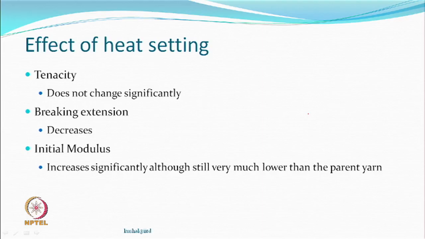Initial modulus can increase because now slippage is going to be much less, but obviously it will still be lower than the parent yarn. Right? Interesting, right? So, theoretically a process which is supposed to be a simple mechanical process, you can actually see many kinds of things happening at the end of the process.